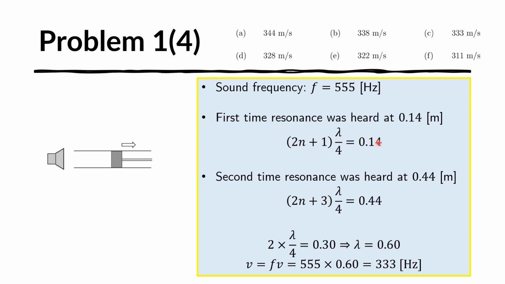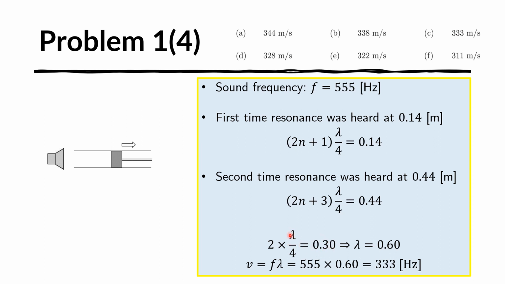And now, with these two equations, we can compute the wavelength here. We just subtract one from the other. So 2n plus 3 times lambda over 4 minus 2n plus 1 times lambda over 4, we obtain just 2 times lambda over 4. That's 2n minus 2n, 3 minus 1, and a product with lambda over 4. And on the other side, we subtract the two lengths.